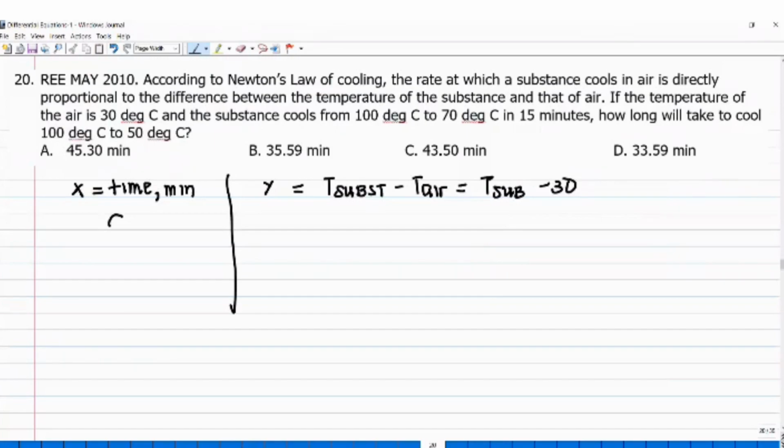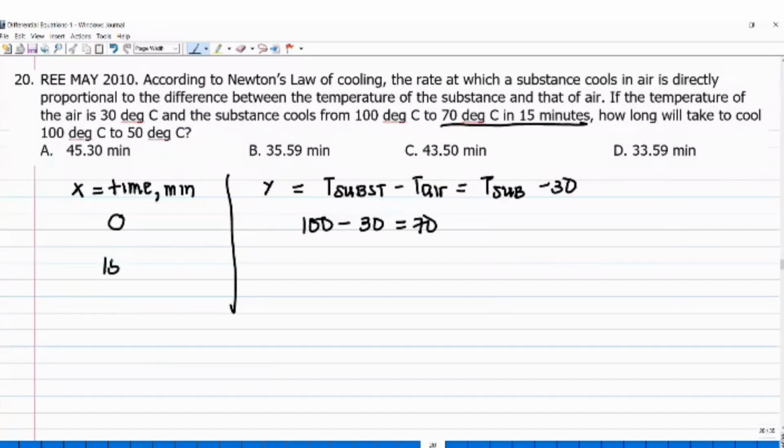When T is equal to 0, so 100 yung temperature ng substance, so 100 minus 30 equal to 70. Then, naging 70 degrees in 15 minutes.